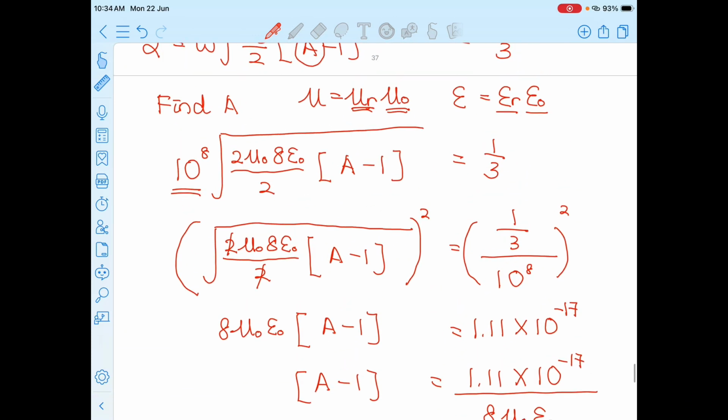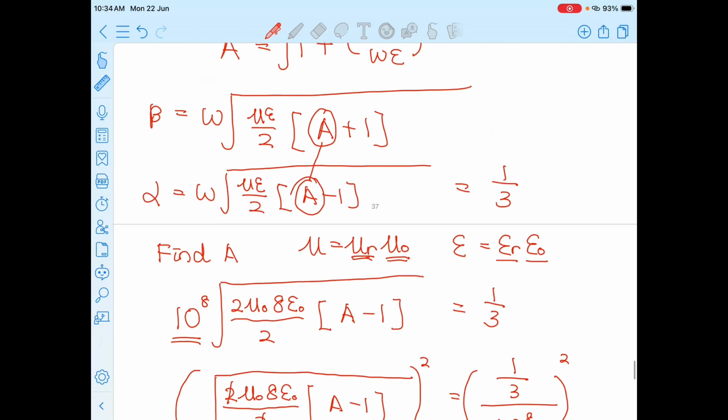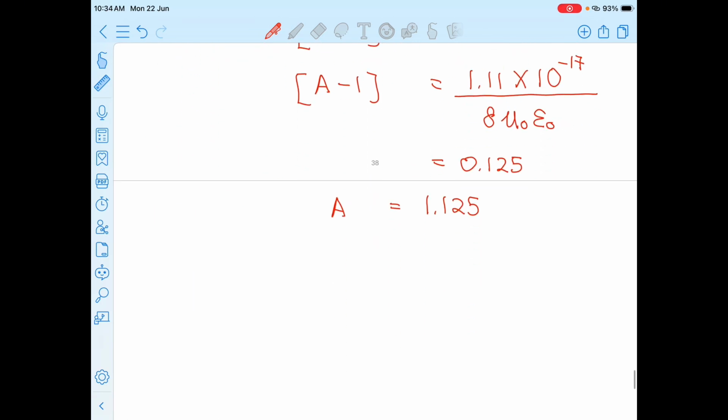So I get my A now. I'm going to replace my A into the equation of beta to calculate the phase constant. So it's equal to omega, and I have A plus 1 now.